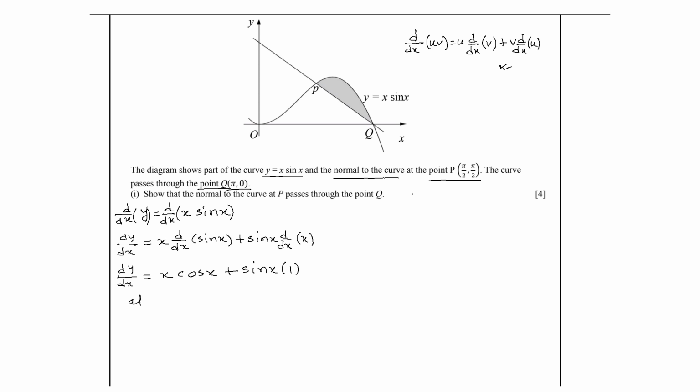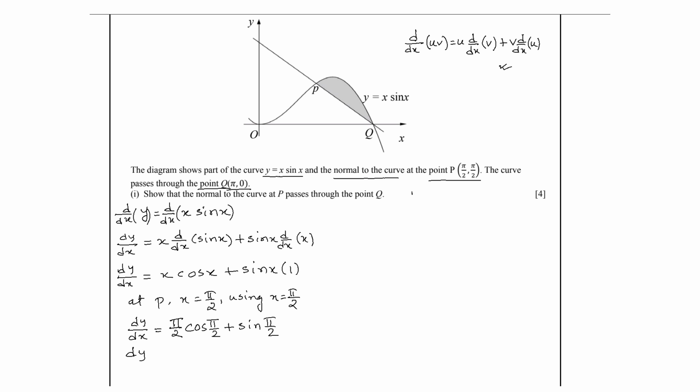Now at point P, x equals pi by 2. So, using x equals pi by 2 in the equation of dy over dx, we get dy over dx equals pi by 2 times cos pi by 2 plus sine pi by 2.